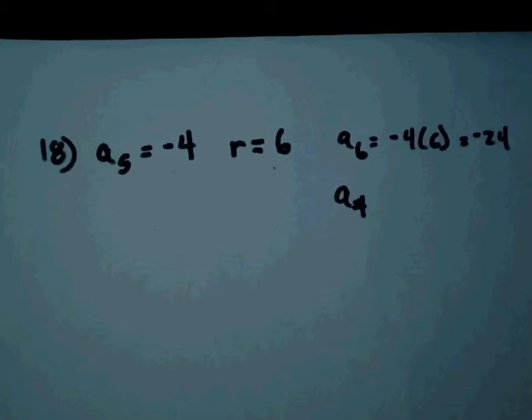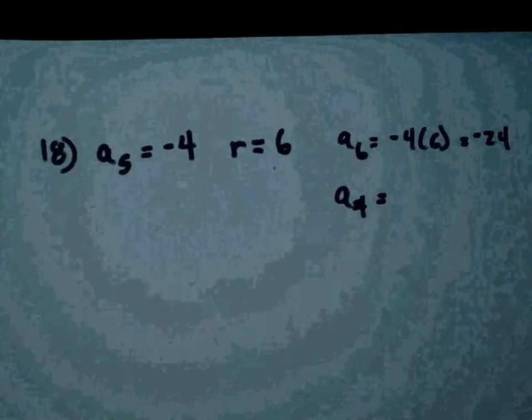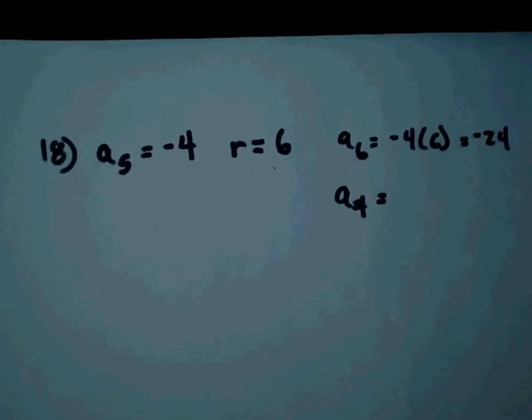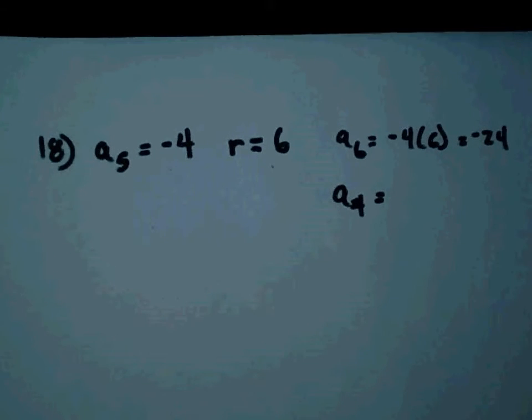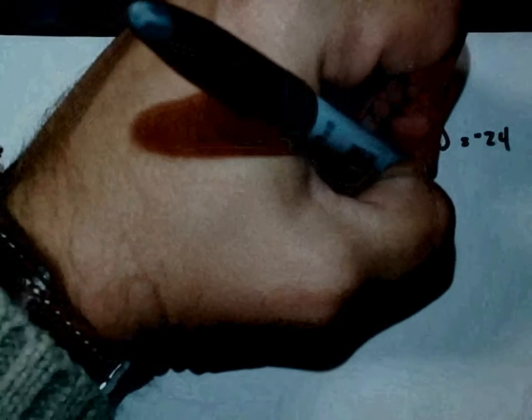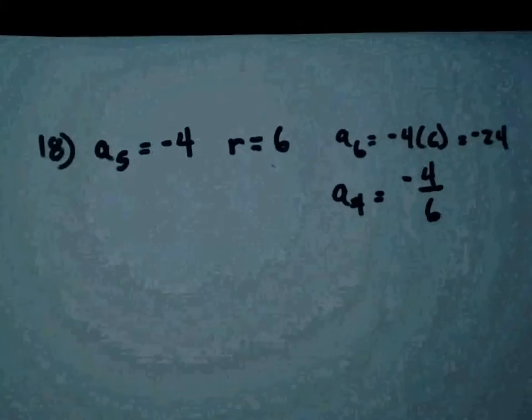I would plug it into my explicit equation, but I don't know the first term of the sequence. Since I don't know that, I do know the 5th term. How do I go backwards in multiplication? Dividing. So I would take the 5th term and divide by the common ratio. What would that equal for the 4th term?